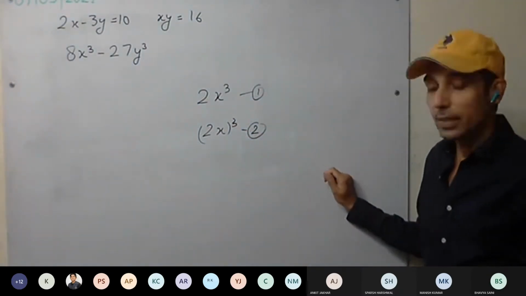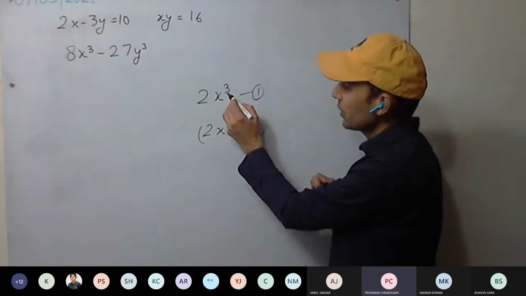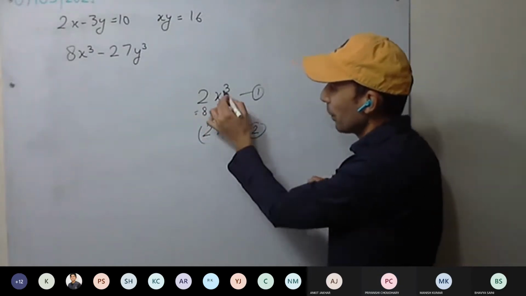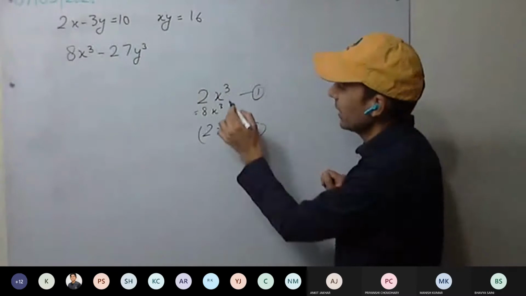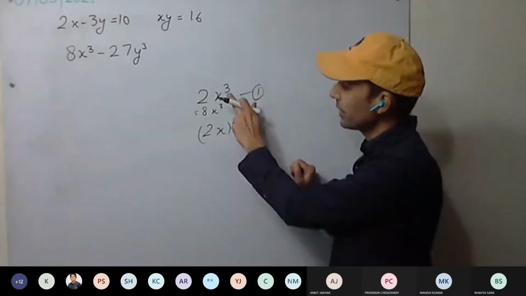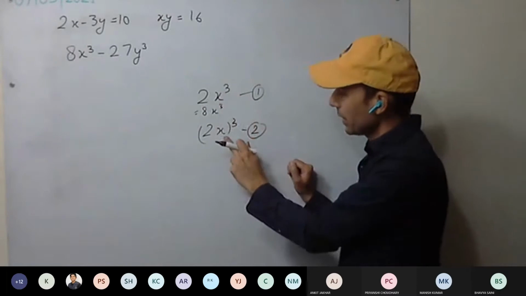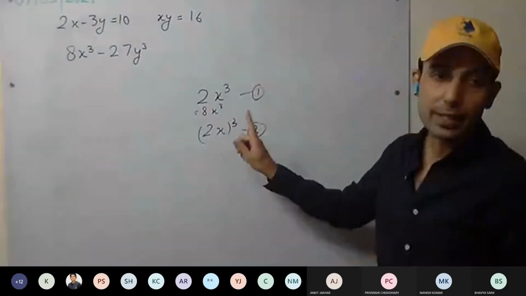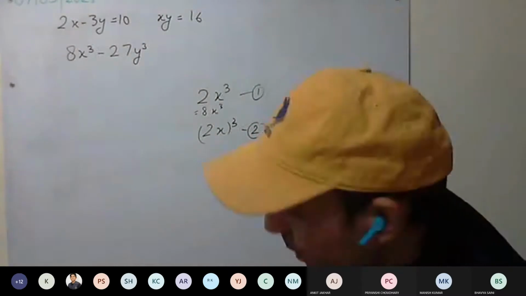Second way is correct. When you're taking the cube, you may write the next step, for example, 8x cube. But this step is wrong. Why? This cube is for 2 as well as for x. If you write like this, it means only the cube of x. Here, the bracket means it's the cube of 2 as well as x. So don't make this mistake, okay?